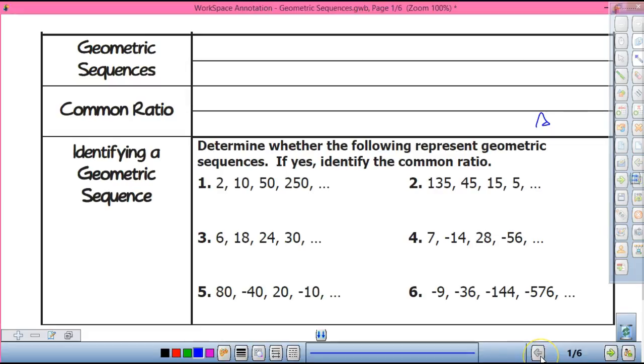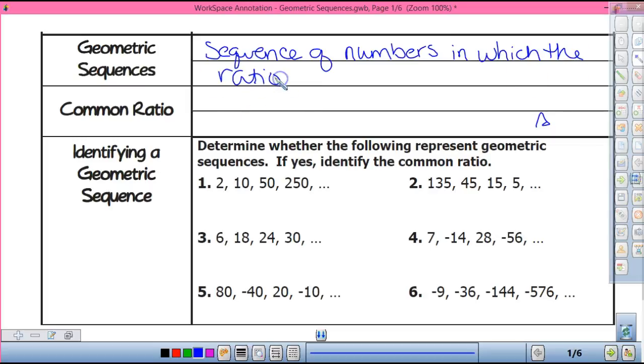Alright, so today, geometric sequences is going to be when you're multiplying by something. Okay? So, a geometric sequence is a sequence of numbers in which the ratio, because now instead of a common difference, we're going to call it a common ratio, remains the same.